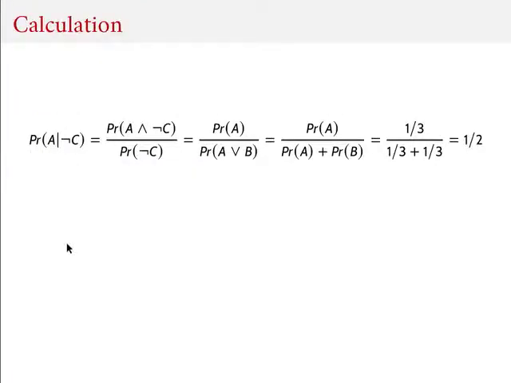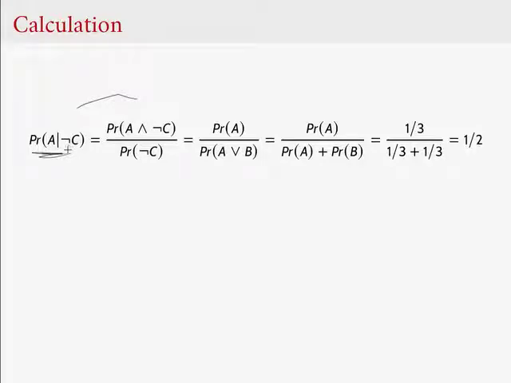So here is a calculation, and let me walk through this calculation with you. First, we write what we're wondering about: what is the probability of A, that the prize is behind door A, given that it's not behind door C. Now this first step, in this first identity claim, is simply an application of the definition of conditional probability.